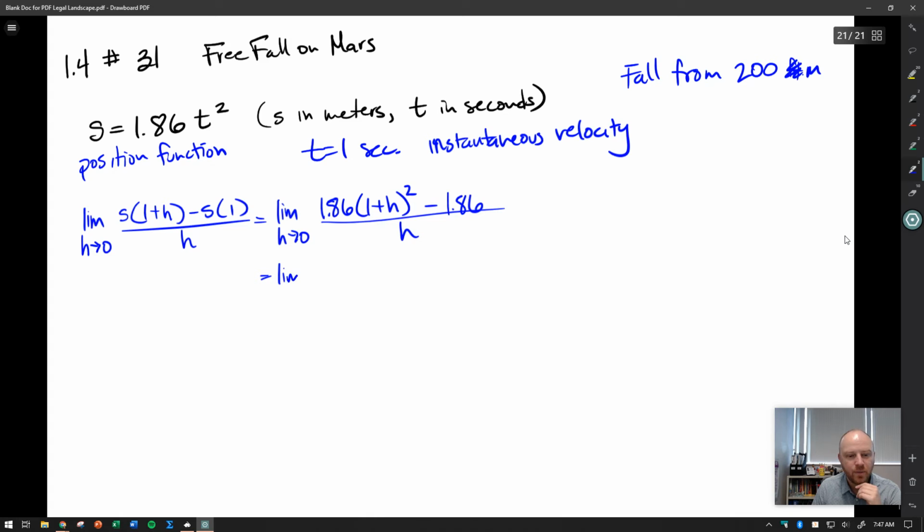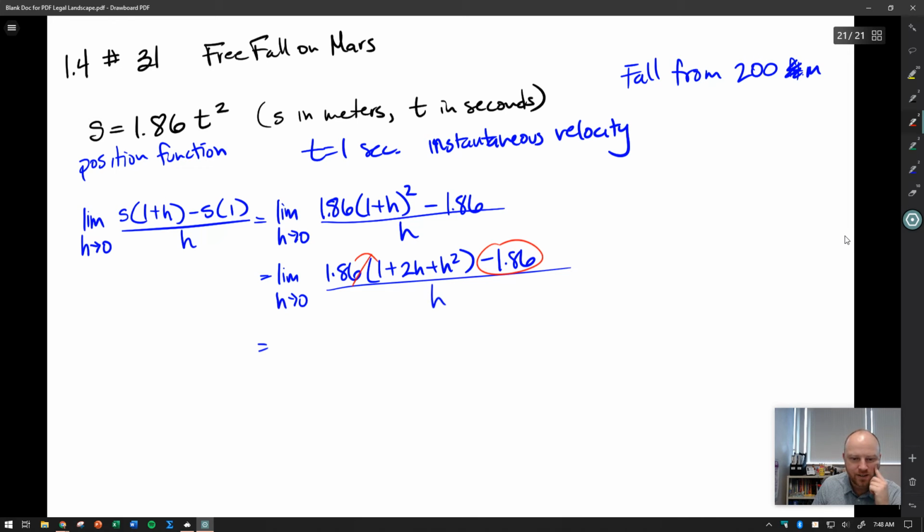So now the limit as h goes to 0, we get 1.86 times, expand that 1 plus h squared. So we got 1 plus 2h plus h squared minus our 1.86. And let's see, this is all over h still. And how about this? The 1.86 times 1 minus the 1.86 here, can we say those make 0?